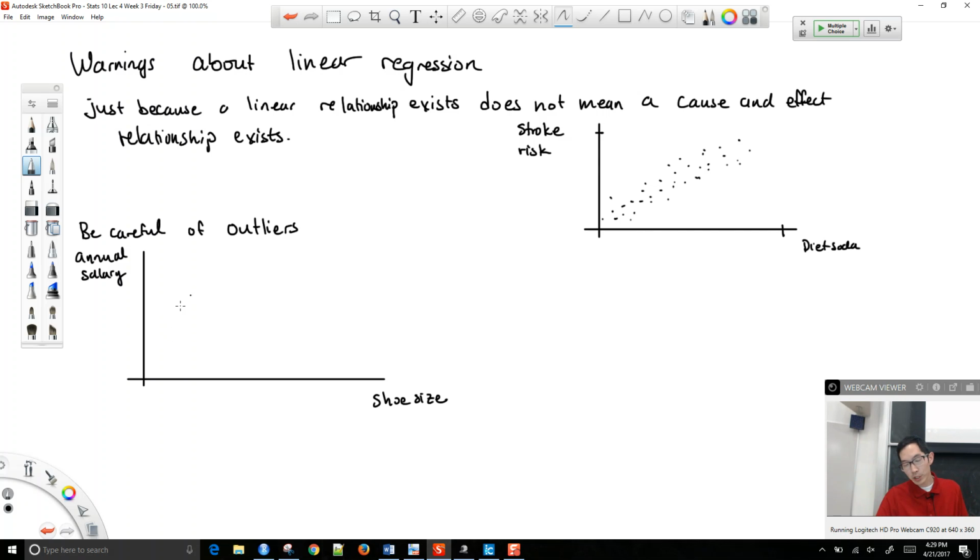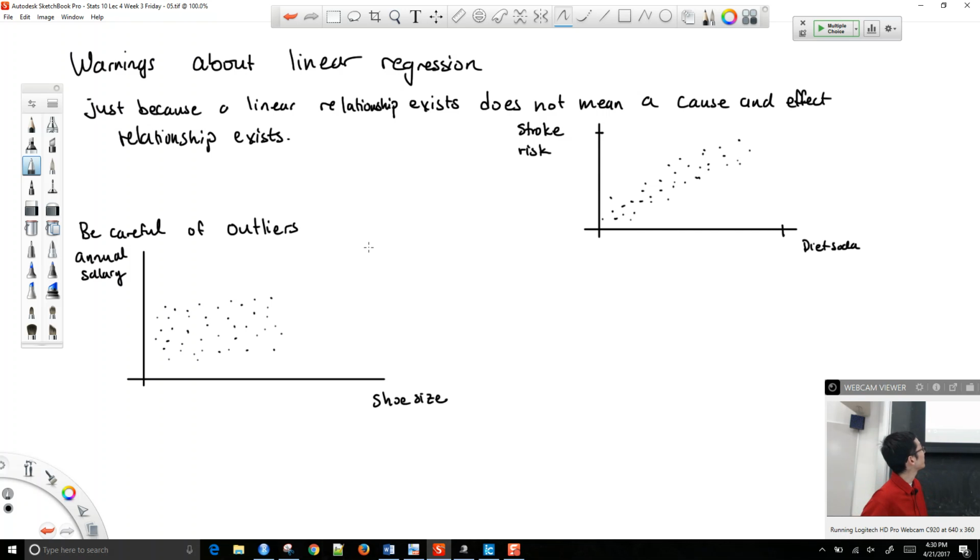And what should we see? Pretty much no relationship, right? Actually, we'll probably see some kind of relationship because of gender wage gap issues, but we'll pretend all is well in the world and shoe size and annual salary have no relationship, the way it should be.